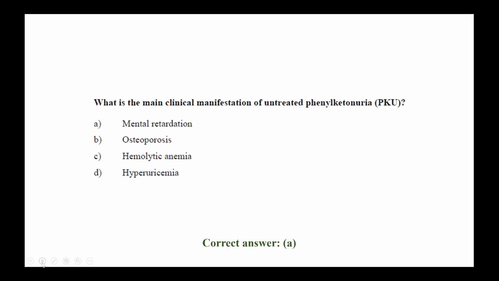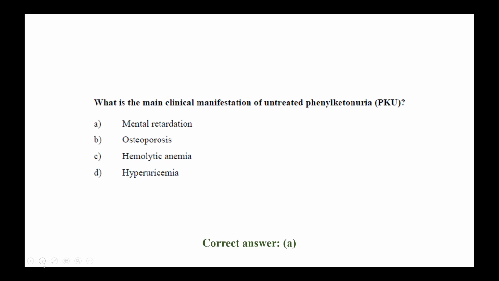Why is tyrosine important for our central nervous system, or why is tyrosine depletion causing mental retardation? Yes, the hormones that are derived from it are low. Those hormones are actually critical for the central nervous system's functioning. So tyrosine is responsible for the synthesis of certain neurotransmitters, and those are hampered because of low tyrosine.